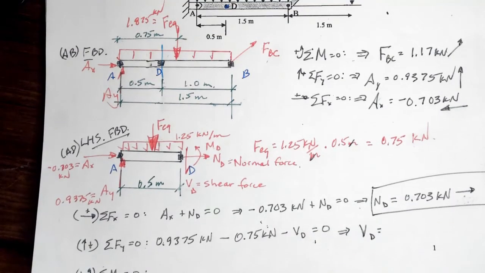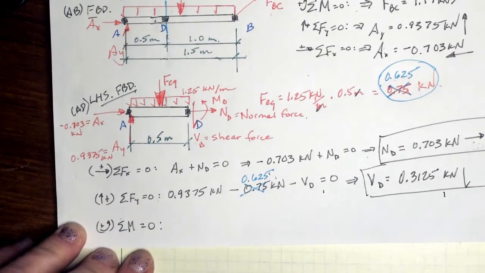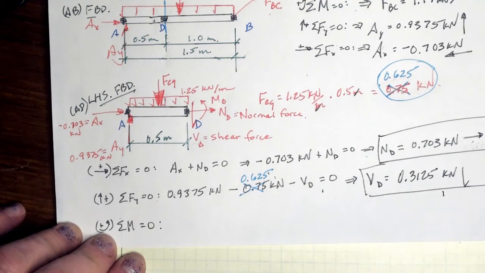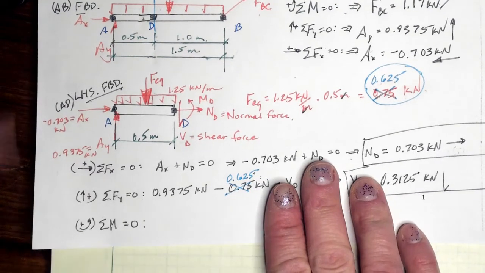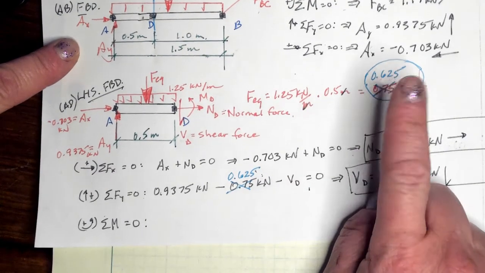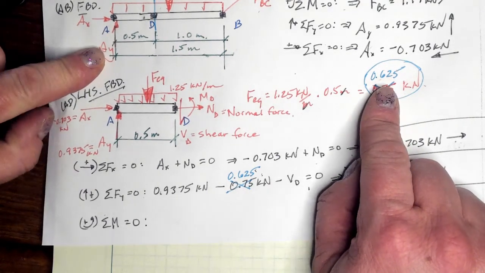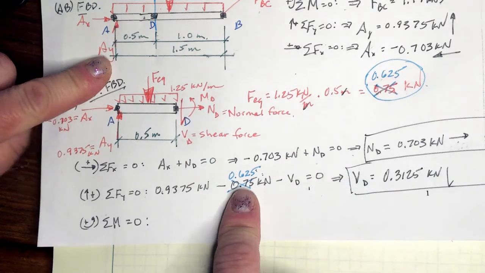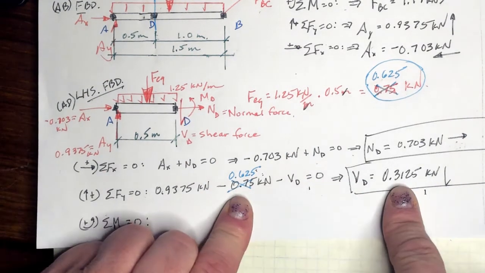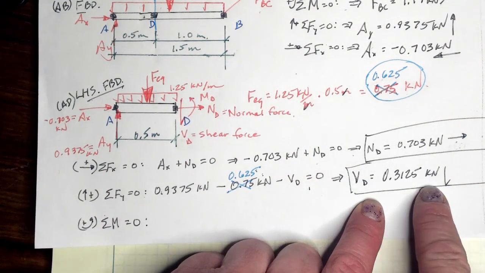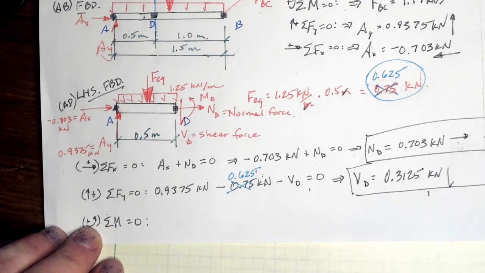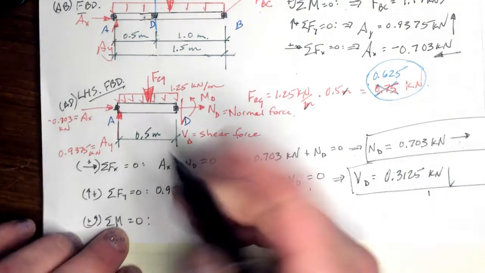Hang on for a second. Okay, so I took a moment and found my error, and it was right here, 0.625, which means this changes. So our numbers come out to be 0.3 kilonewtons down for our shear.